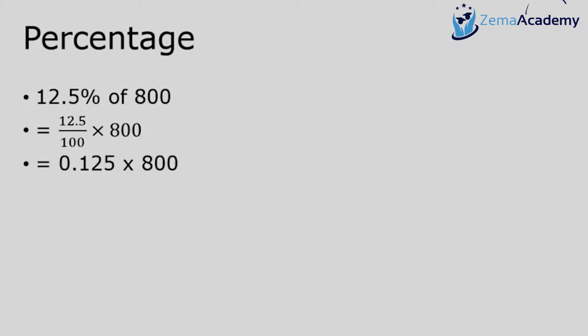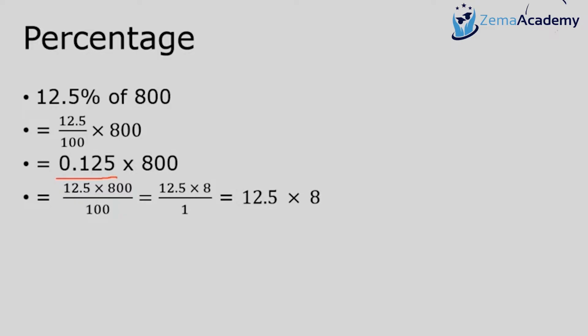Well, I could just calculate it with long division, or with my calculator, I can just do that sum and work out that 12.5 divided by 100 is 0.125, multiplied by 800. Then I could calculate that again. But I could also do this. I could say, well, okay, if it's 12.5 divided by 100 times 800, I know that I can just multiply by that number.